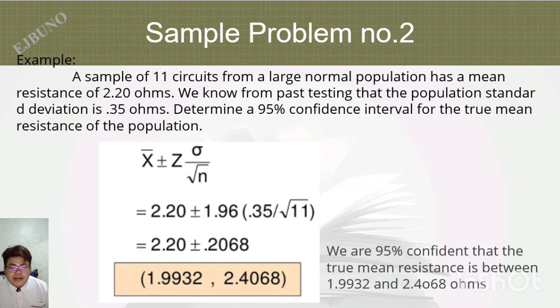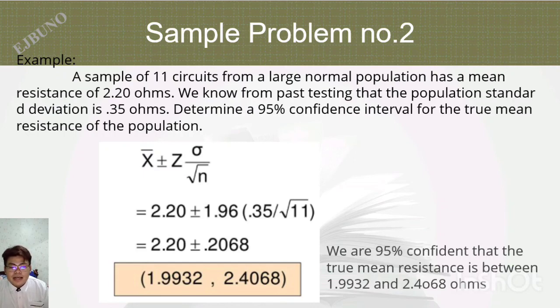So we have now 2.20 plus or minus 1.96 times 0.35 over the square root of 11, which is equal to 2.20 plus 0.2068, which is equal to 2.4068. And also we have 2.20 minus 0.2068, which is equal to 1.9932.